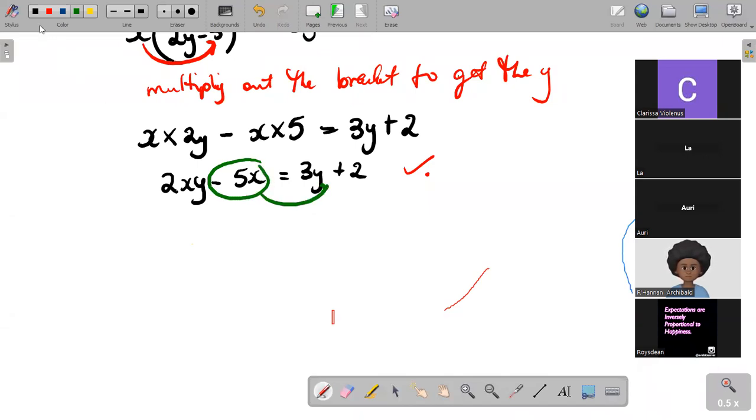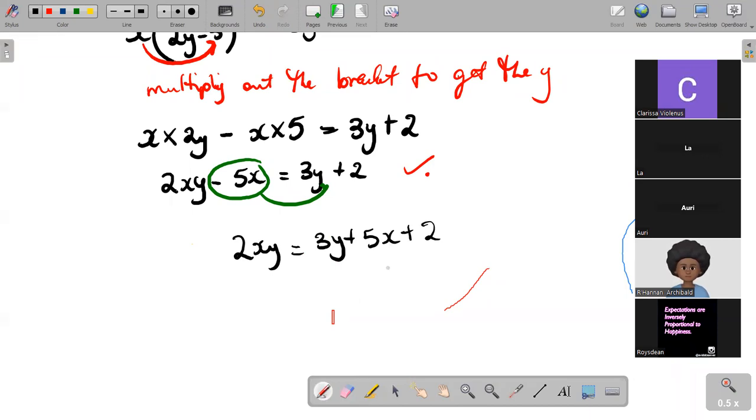What we're going to end up with is 2xy equal to 3y plus 2 plus 5x. Everybody agree? I like how this looks better, so I'm going to put the 5x first. So I'm going to put 5x plus 2. That looks better, right?